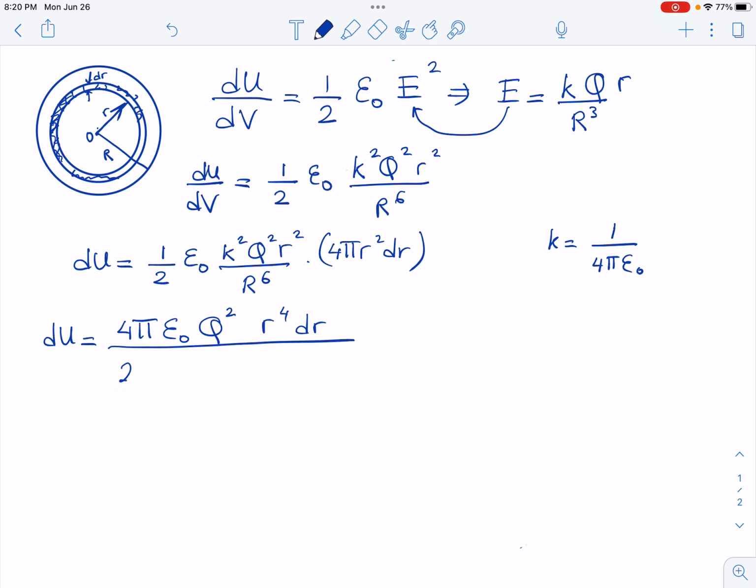And then we have 2 r to the 6th. And now k squared came down as 1 over 4 pi epsilon naught squared, so 16 pi squared epsilon naught squared. So I'm going to write here, I'm going to say k squared, okay?